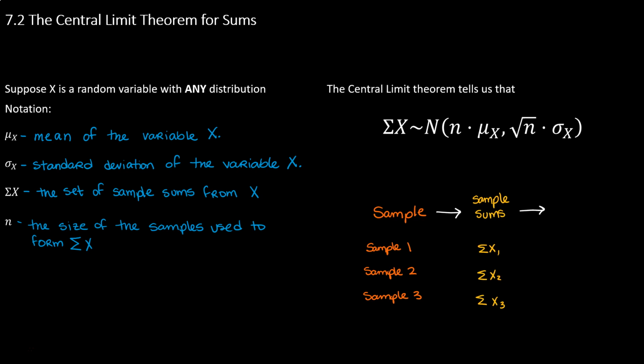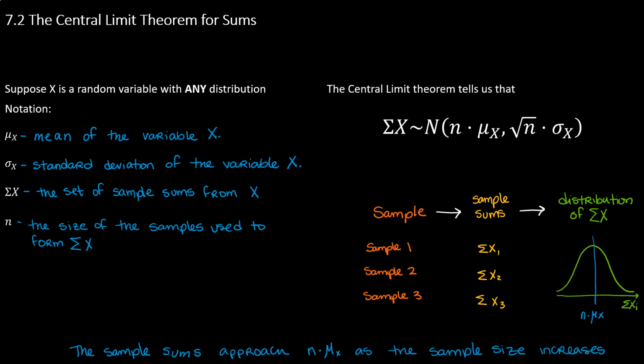And then we'll use those sample sums to create our new variable, the distribution of capital sigma capital X. Capital sigma capital X has a normal distribution, and the center of that normal distribution is at the value n, our sample size, times mu sub x, the mean of the original variable. So the sample sums approach n times mu sub x as the sample size increases.